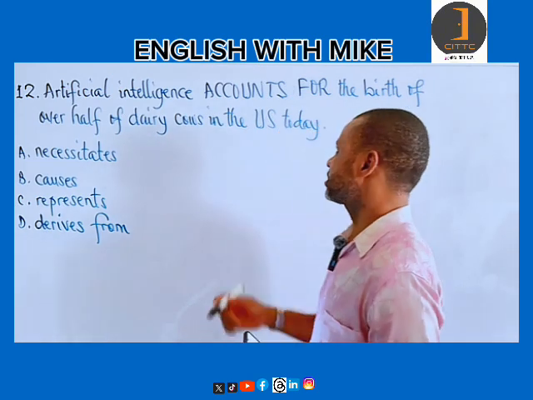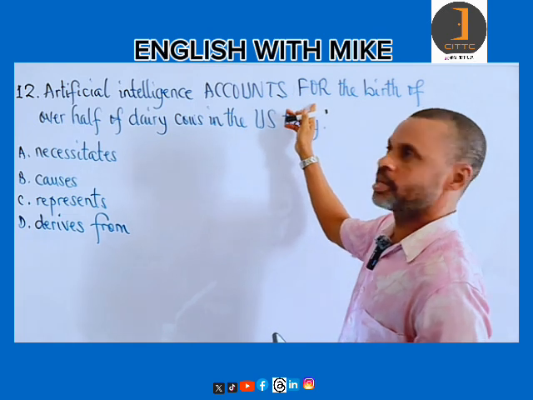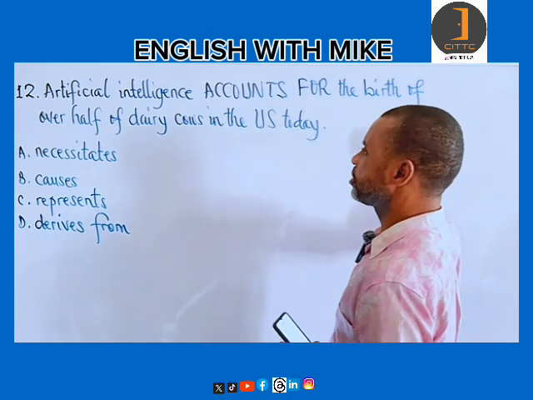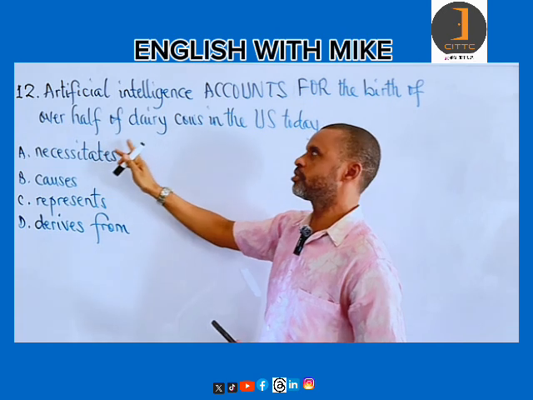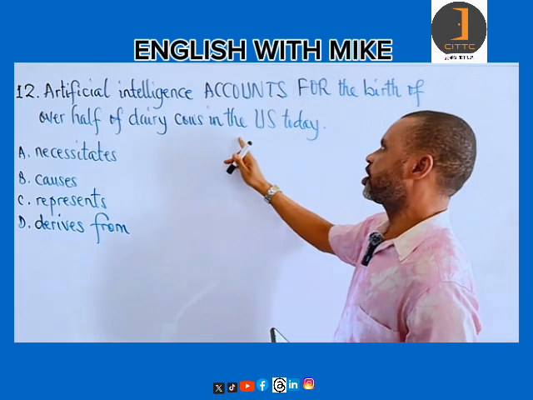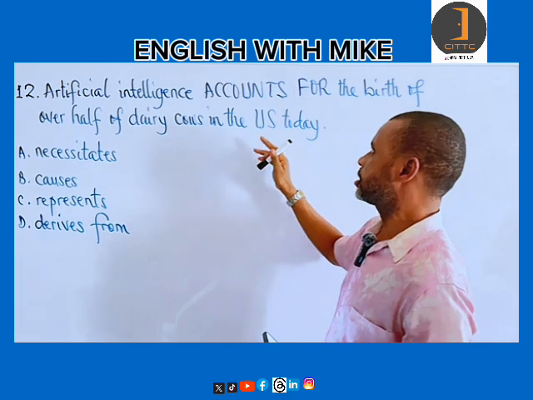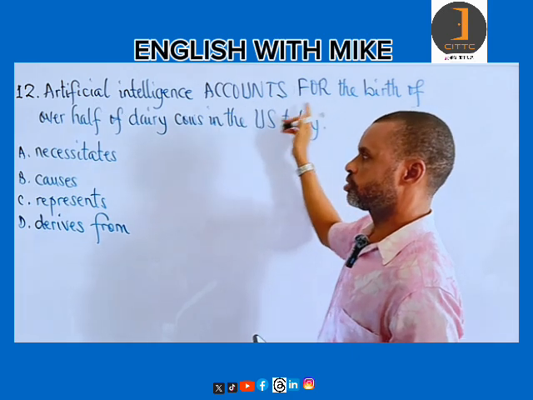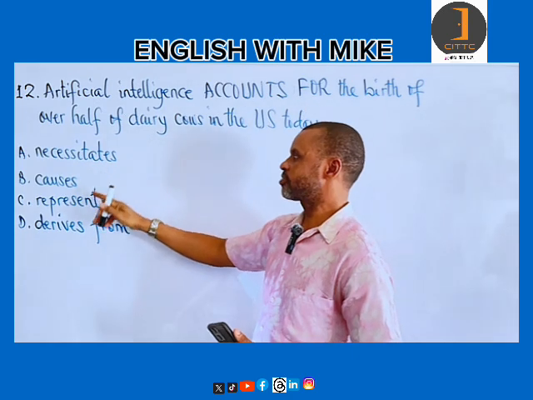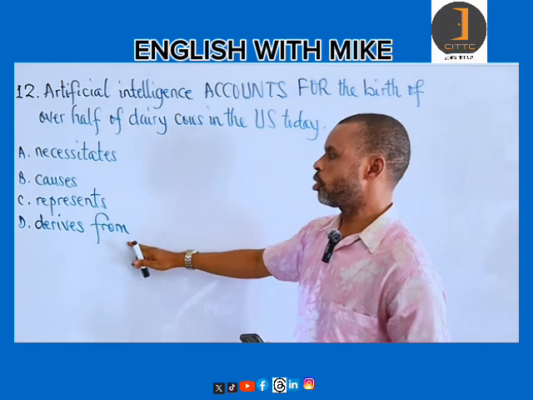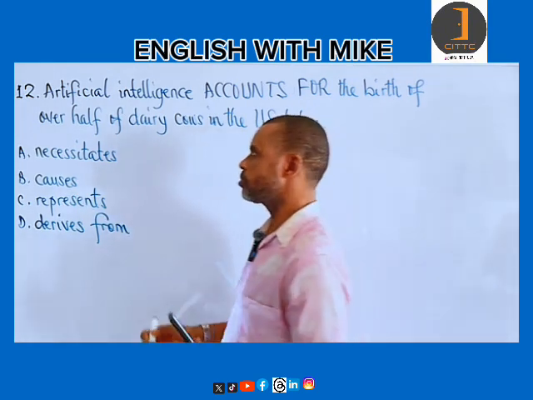Artificial intelligence ACCOUNTS FOR, that is the emphasized expression, accounts for the birth of over half of dairy cows in the US today. What is the synonym for accounts for? Necessitates, causes, represents, or derives from.